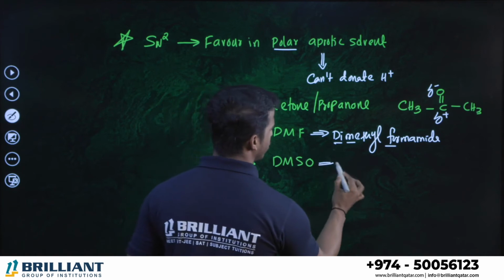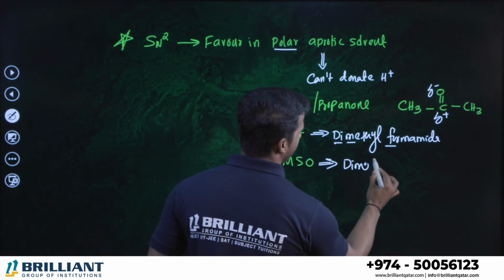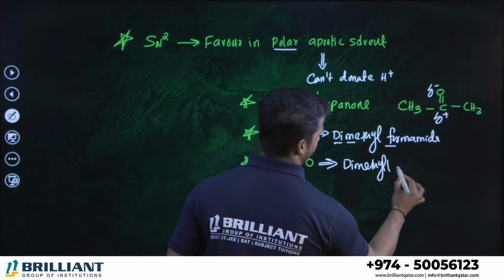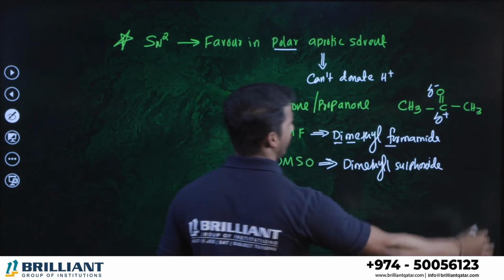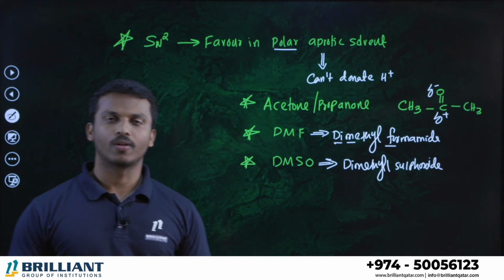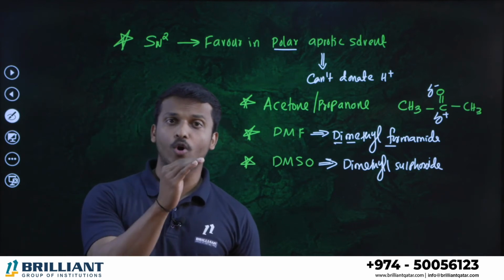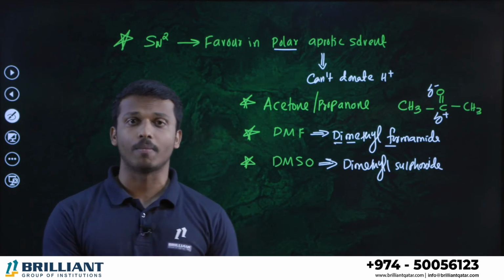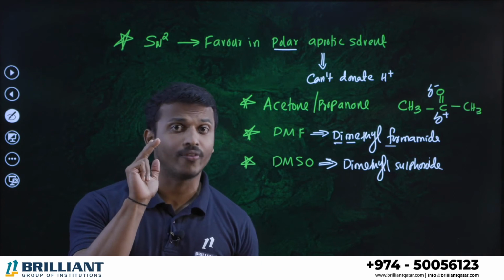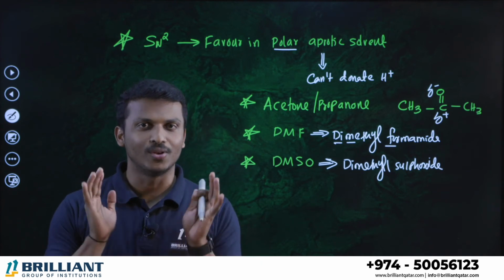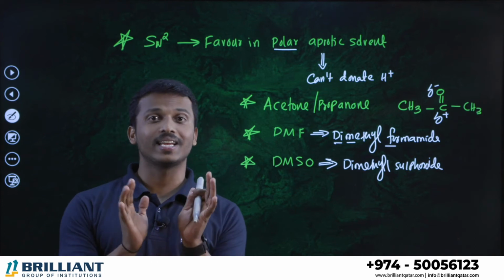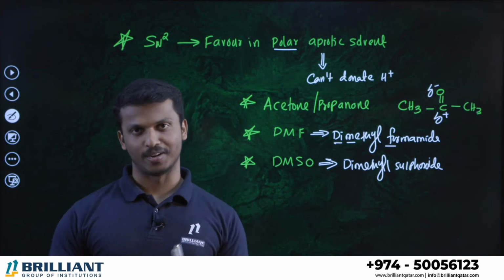DMSO is called dimethyl sulfoxide. So the polar aprotic solvents are 3 examples: keep in mind acetone, DMF and DMSO. If these kinds of solvents are given in the reaction, you can confirm that the SN2 reaction is more favored.